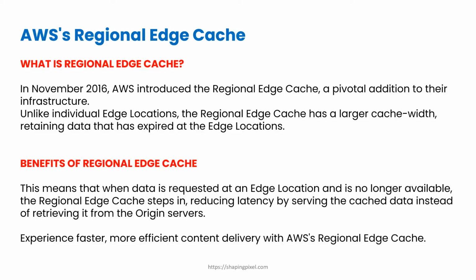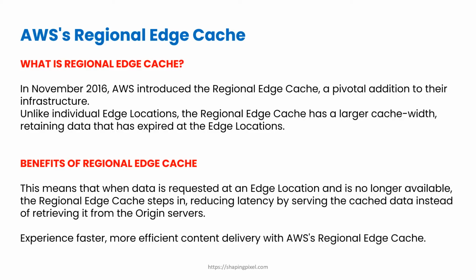So let's dive into the AWS Regional Edge Cache. In November 2016, AWS introduced the Regional Edge Cache, a pivotal addition to their infrastructure. Unlike individual edge locations, the regional edge cache has a larger cache, retaining data that has expired at the edge locations.